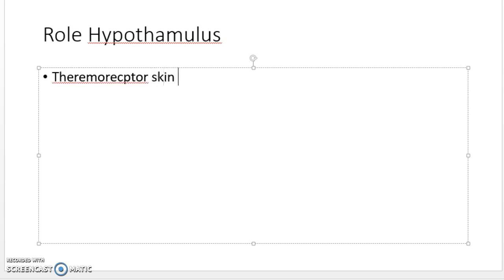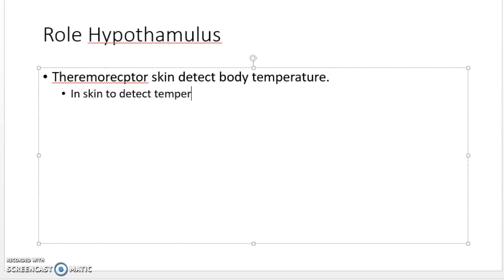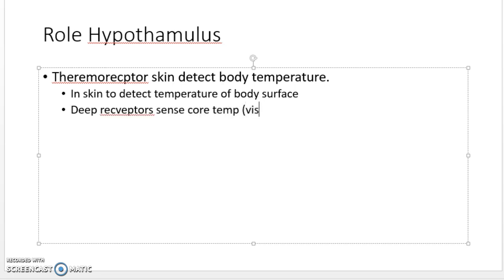They respond to heat or cold and detect body temperature at the body surface, and the deep receptors sense the core temperature from the viscera and great veins.